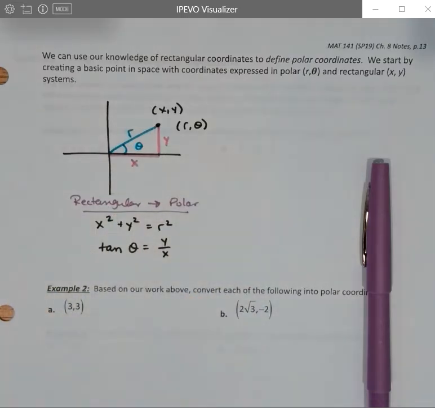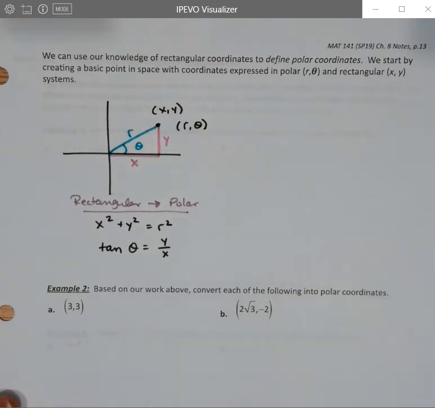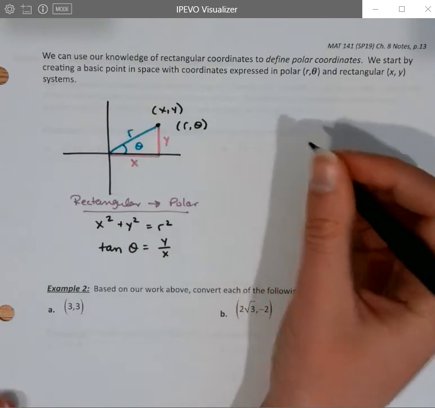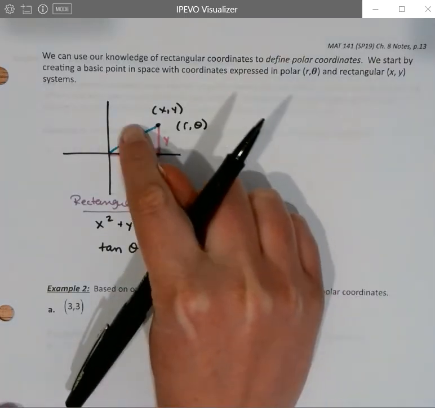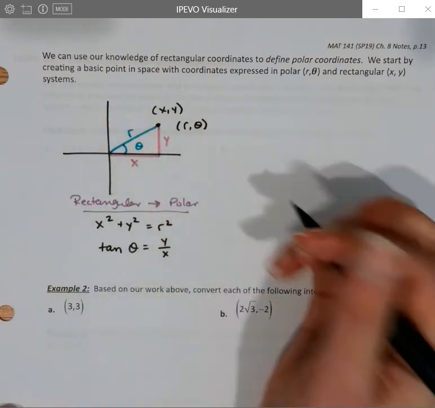Now, if I have the reverse, if I have polar, how would I go back and get rectangular? If I have polar instead, something like a sine or a cosine value, where I take the two that I have, theta and r, and use them to find x and y would be useful.